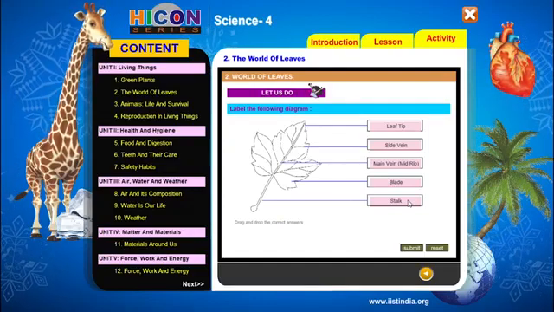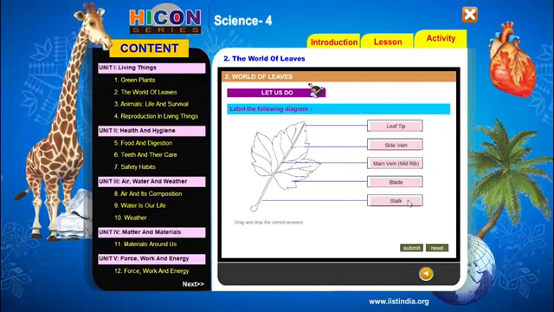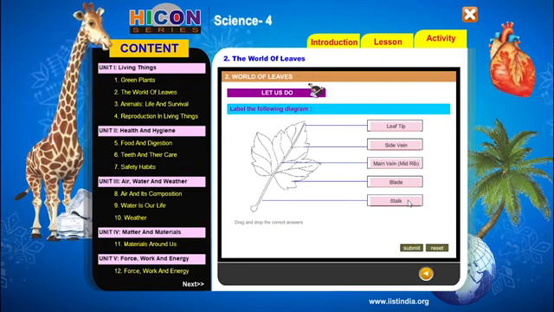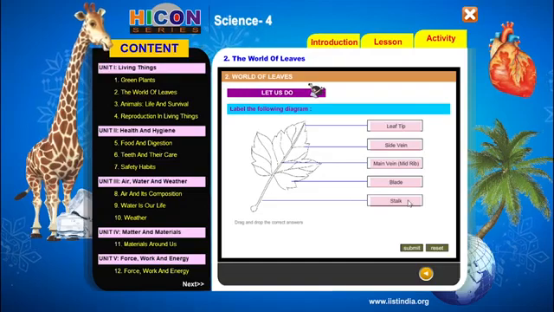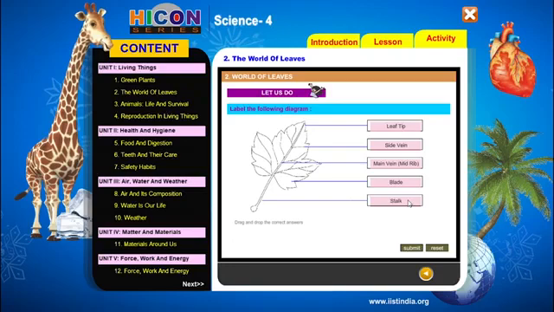That is called the stalk or petiole. So these are the different parts of the leaf: tip, side vein, main vein, blade and stalk.